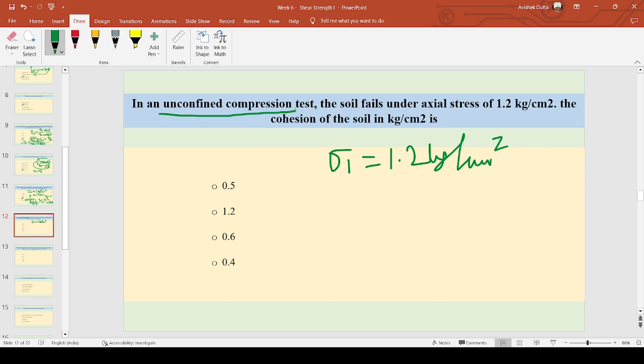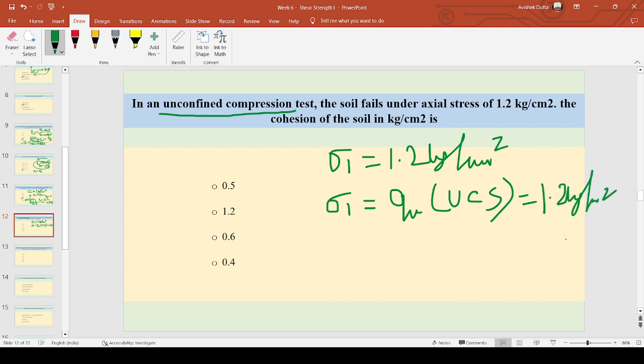That means it is performed in saturated clay at phi equal to 0. Then we can say that the axial stress at which the soil fails is equal to the unconfined compressive strength of the soil, that is 1.2 kg per centimeter square.